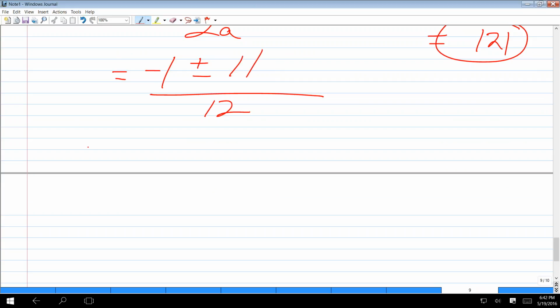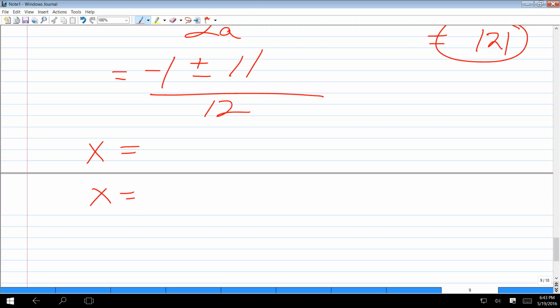Now, what are my 2 answers? Quadratics are always going to give you 2 answers. That's why there's the plus and minus there. Unless that discriminant is exactly 0, and then you would only have 1 answer, which is this one right here, minus 1 over 12. But in this case, it's not. It's a positive number. So what's the first answer?